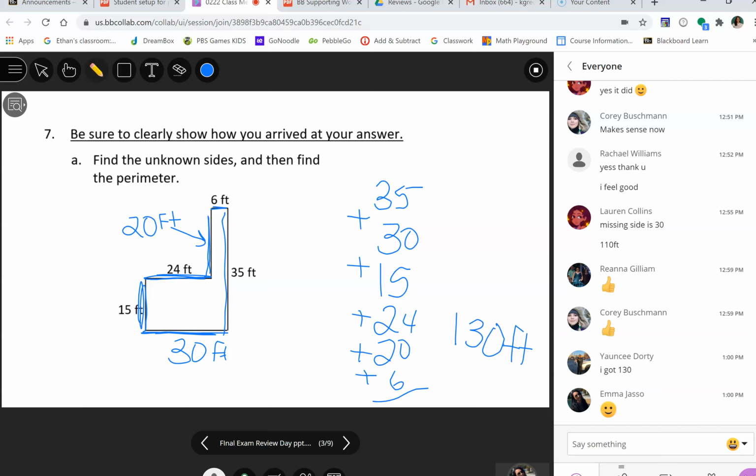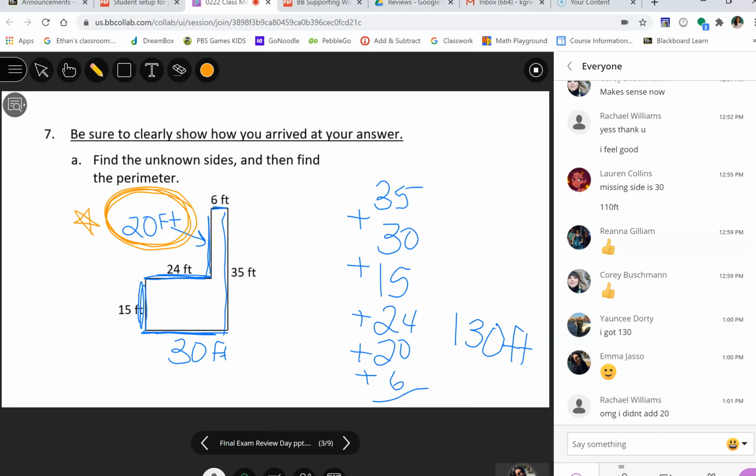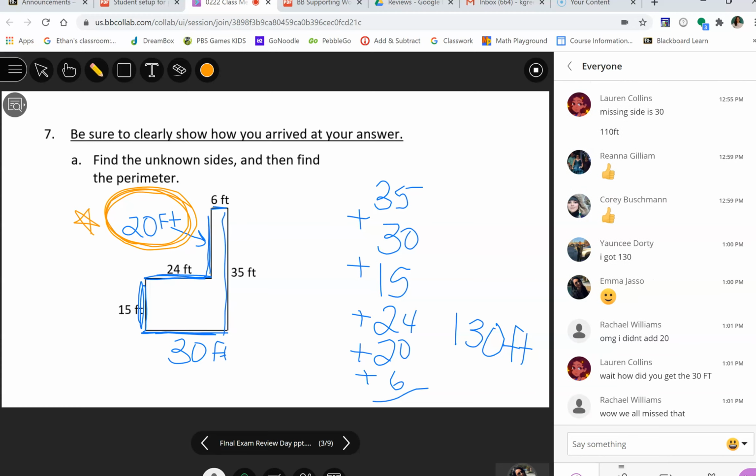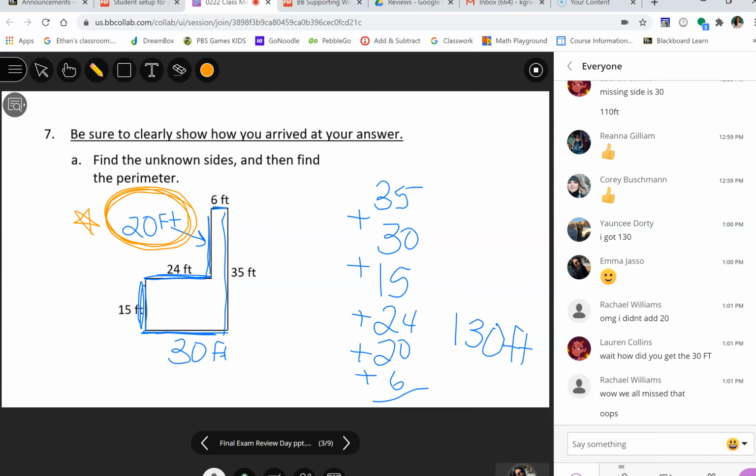So for those of y'all that got 110, if you got 110, you probably forgot to add this side, the 20. Is that what happened? Yeah. But see, if you had turned in your scratch work, I could have given you some partial credit. You aren't alone.